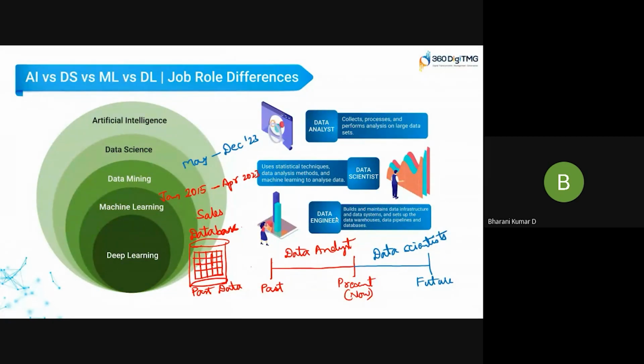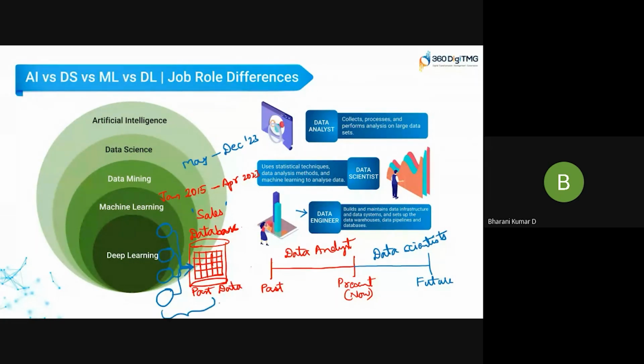Simple. Then we also have a key role called data engineer. The job of a data engineer is to ensure that if you are pulling this sales data from the sales department, maybe from the marketing department, maybe from the finance department, maybe from the accounting department, you need to get the data from all these different departments into a common location.